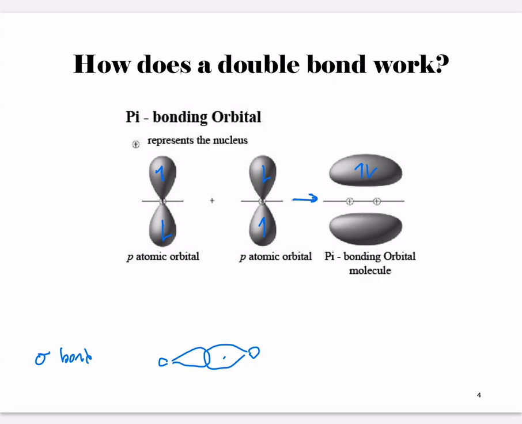So this is actually what a double bond looks like. We talked a long time ago about how covalent molecules bond through the overlap of their atomic orbitals. Double bonds are the same thing, except it's not a direct overlap between these orbitals that they share. It's this parallel, perpendicular to the single bond overlap that we get.